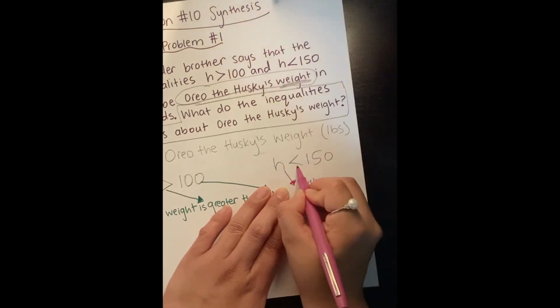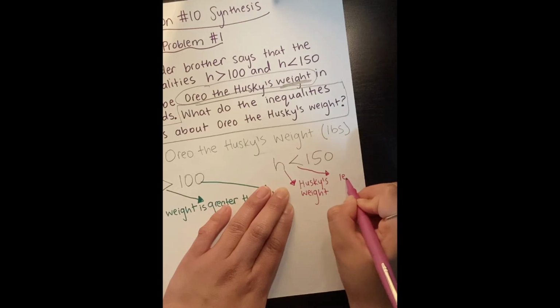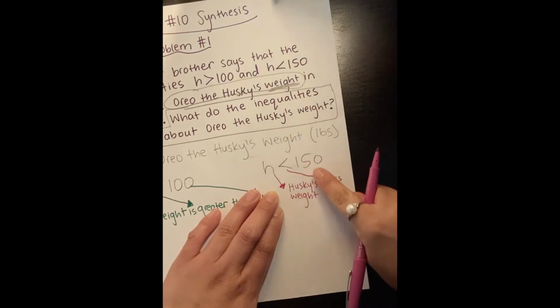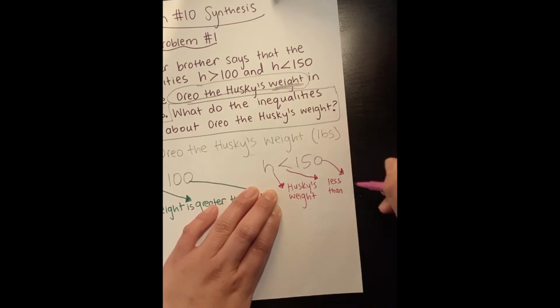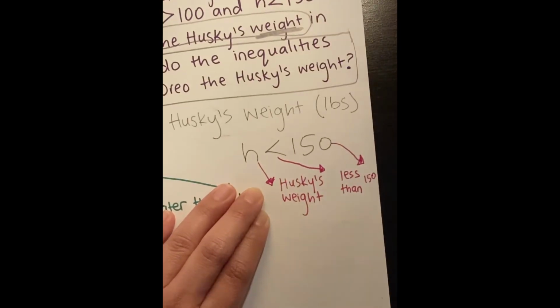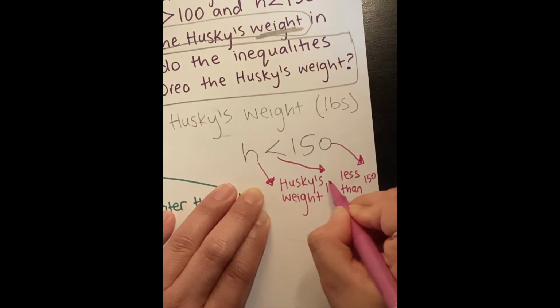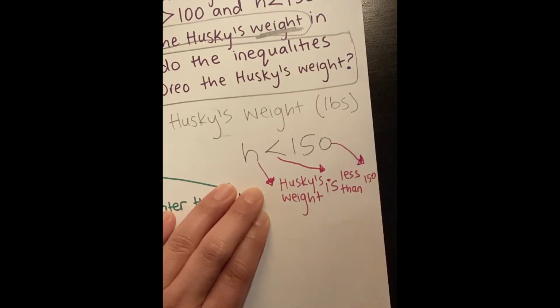Okay, and then this inequality is less than. So I'm going to write less than, and I'm going to try to fit that 150 at the end here. So I have 150. Okay, so this is telling me that the Husky's weight is less than 150.